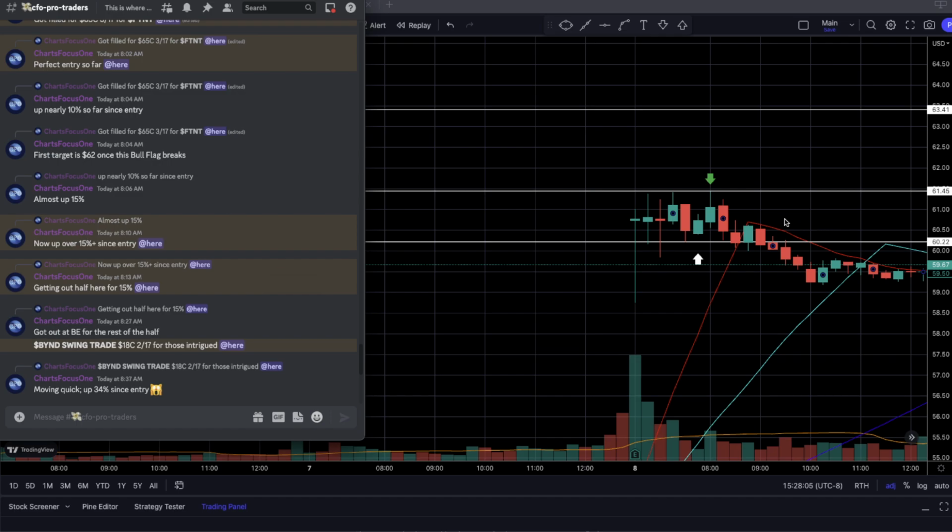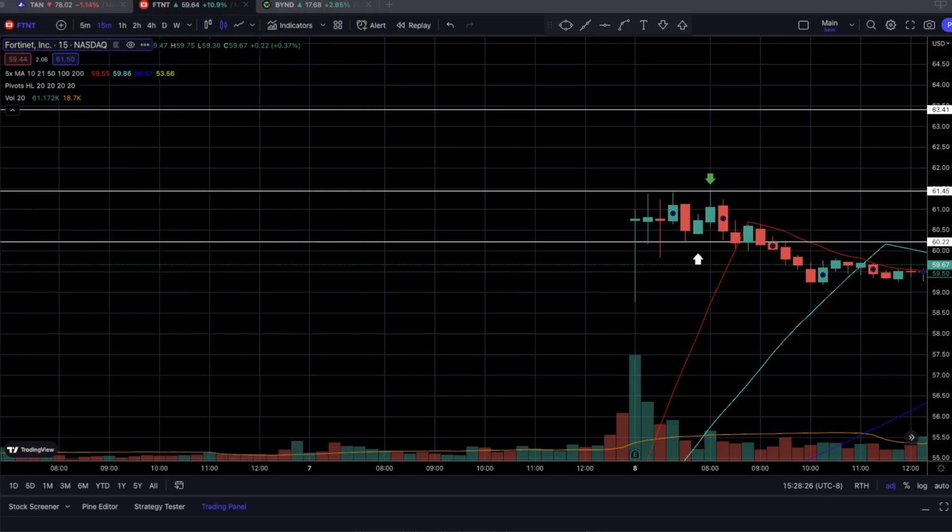And then eventually, when the next 15-minute candlestick formed, I said, you know what? Get out for break even for the rest of the half position that you guys have left. So the other half could have been a better exit, but we followed through with our game plan, and also we weren't hit with the stop loss at all.